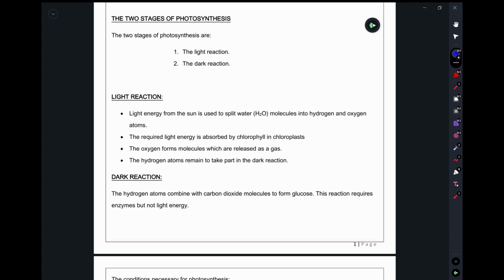It is in the light reaction that water is split to give hydrogen and oxygen, and that is the product formed. Right? So this is what we look at.